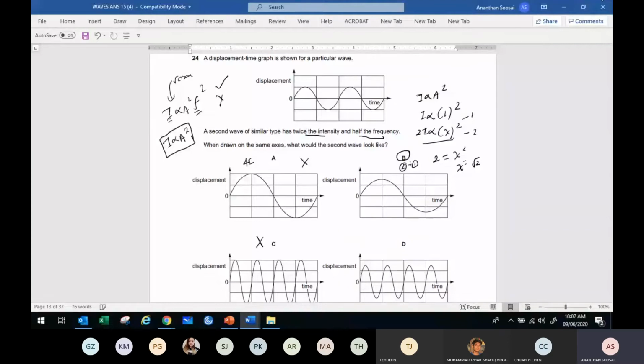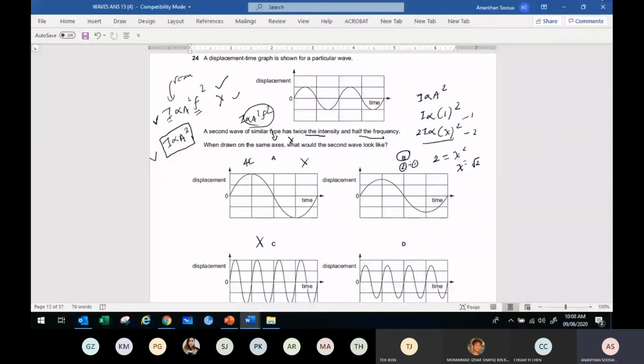But in your syllabus, it's only I proportional to A squared. When do you need to use I proportional to A squared, F squared? If they introduce it in the question, then you can use it. As long as they never introduce it in the question, you have to follow your A-level syllabus, intensity proportional to amplitude squared.